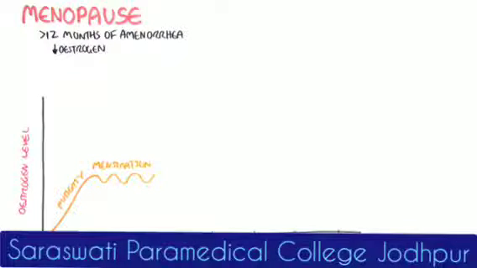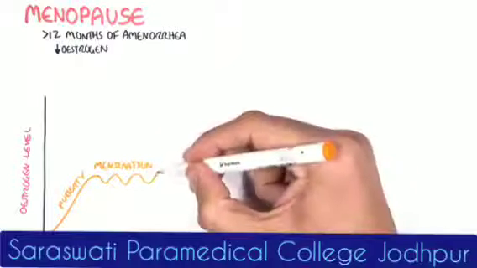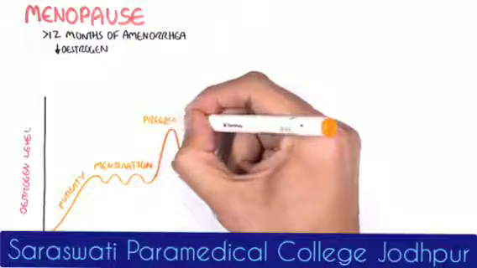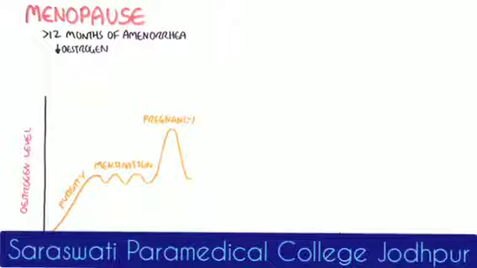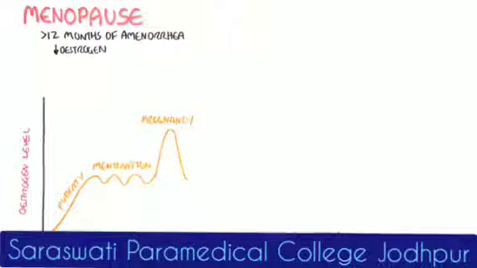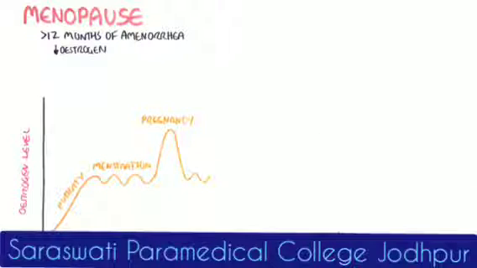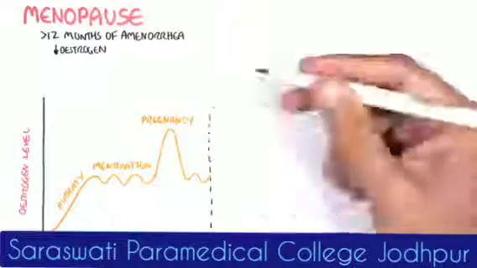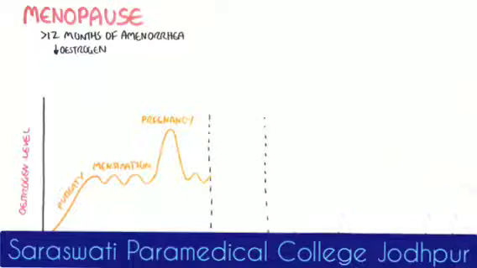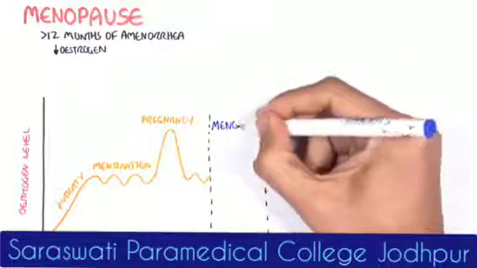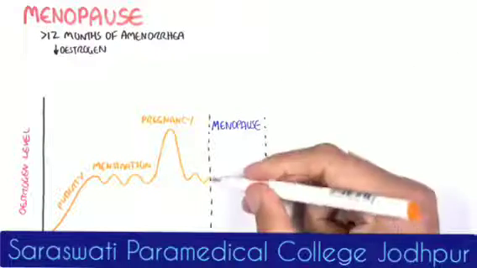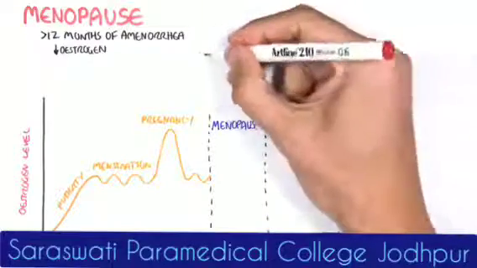Now, during pregnancy, estrogen levels rise. This is in order to prepare the female for parturition and breastfeeding. Then again, there is a normal menstrual cycle with estrogen concentrations fluctuating till about 40 years old, when women tend to hit menopause.